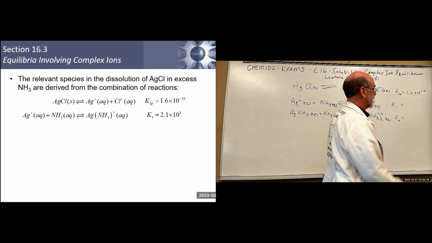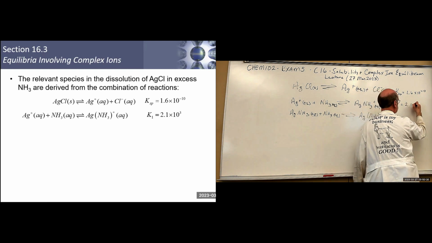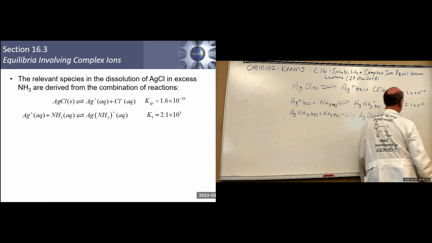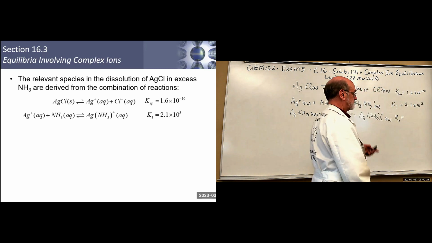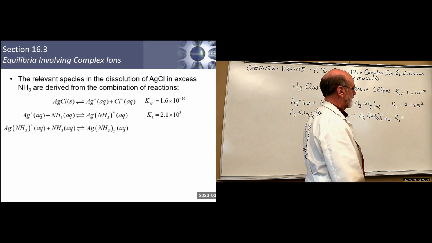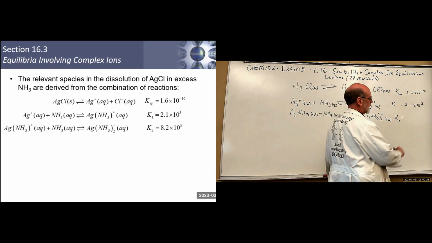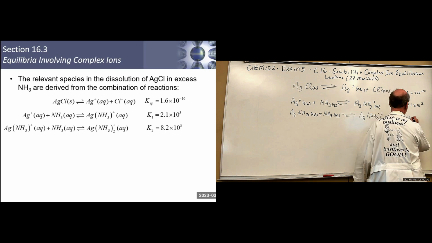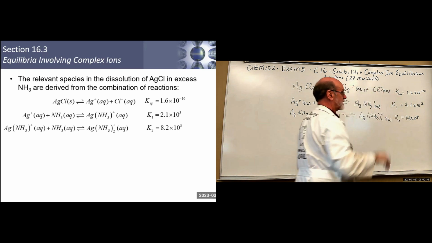And that first one is 2.1 times 10 to the third. So it's way to the right. And this one is 8.2 times 10 to the third. So it's way to the right.